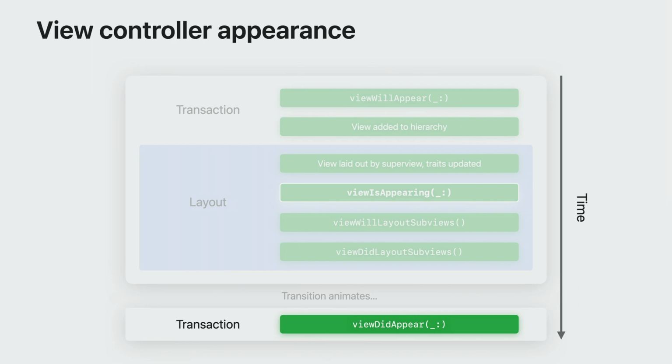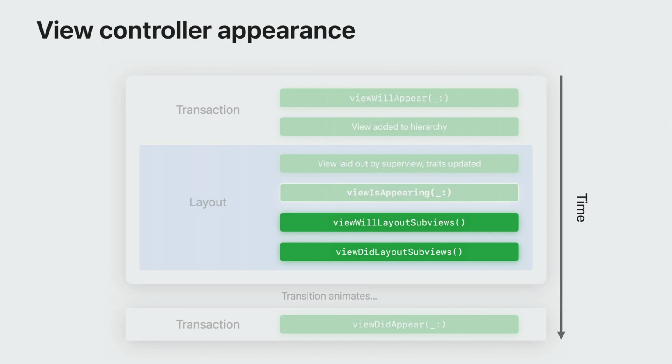On the other hand, view is appearing is called within the same transaction as view will appear. This means any changes you make in either of those callbacks become visible to the user at the same time, right from the very first frame of the transition. Finally, though their timing may be similar, there is a key difference between view is appearing and layout callbacks, like view will layout subviews.